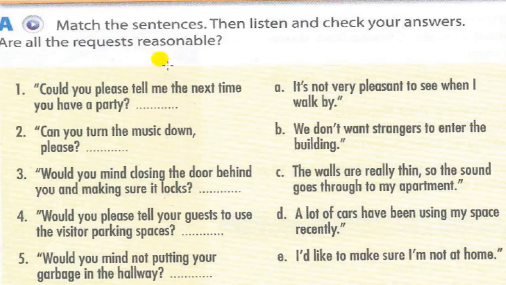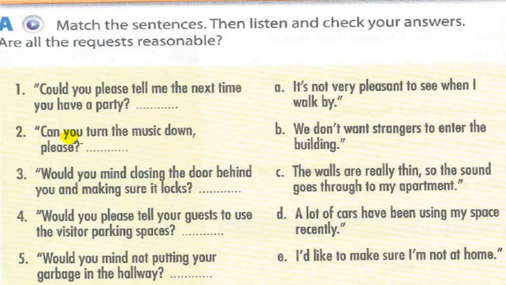Page 39, Exercise 7, Perspectives. Reasonable requests? Part A. Match the sentences. Then listen and check your answers. Are all the requests reasonable? 1. Could you please tell me the next time you have a party? I'd like to make sure I'm not at home. 2. Can you turn the music down, please?